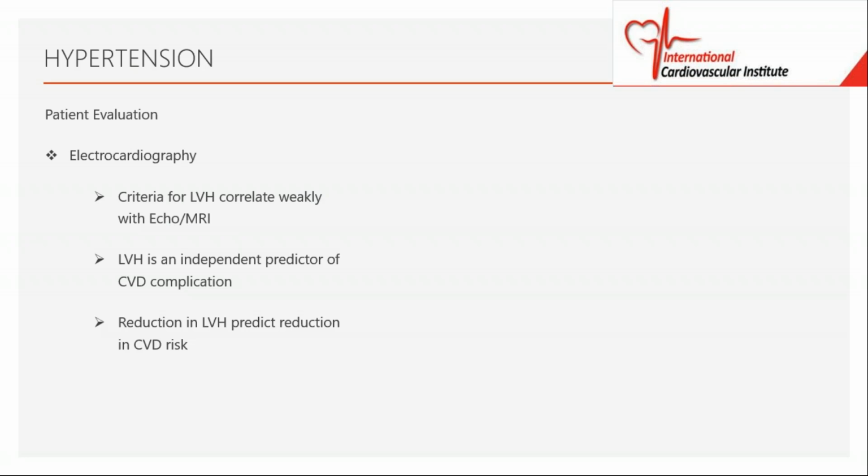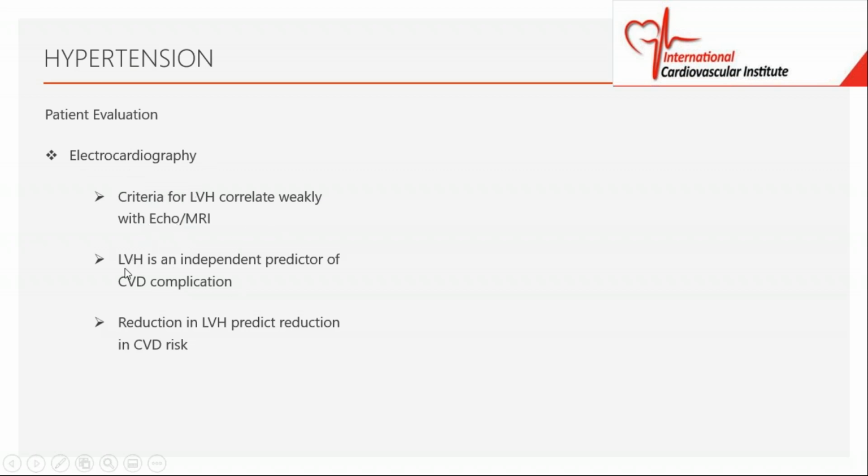We'll get a lot of patients who have LVH on the electrocardiogram, and then when we send back the echo report, there's no LVH, and some of the physicians are surprised. But there's a very weak correlation between your ECG LVH and the echo LVH.